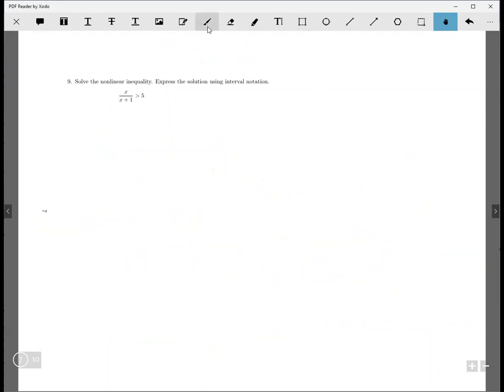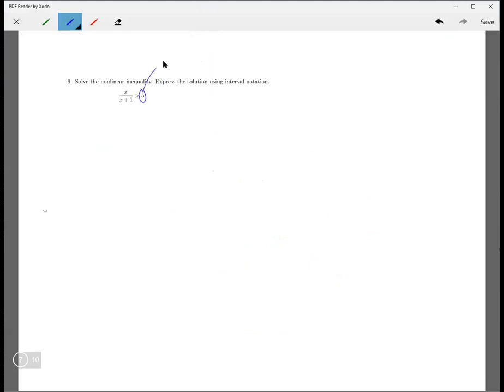Okay, let's move on to number 9. Here, this is not 0, which is a problem because if it's greater than 0, it's positive.